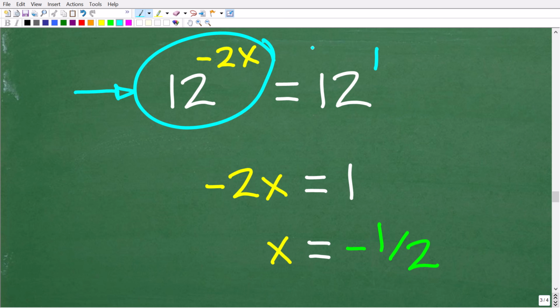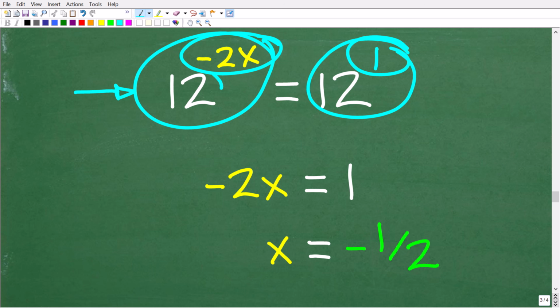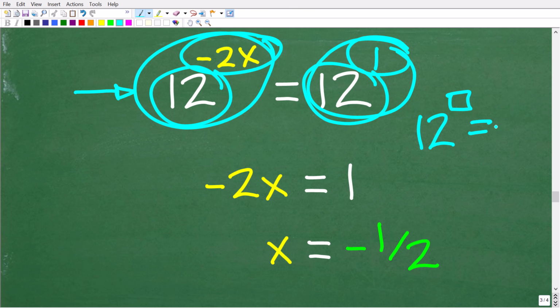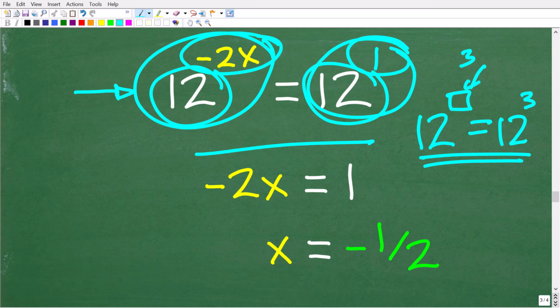So if this is equal to this, well, the exponents must be equal because the bases are the same. So in other words, if I said I have 12 to some power is equal to 12 to the third power, well, in order for this to be true, this exponent over here has to be 3. So that means that negative 2x is equal to 1.